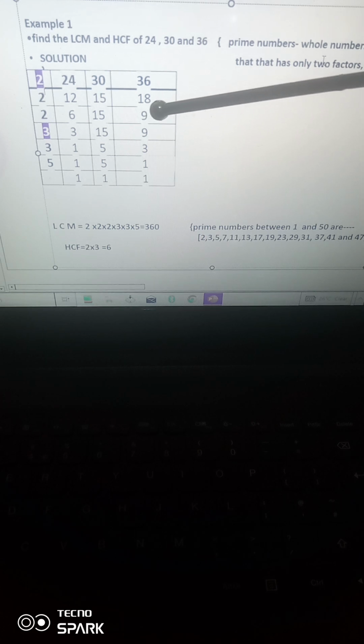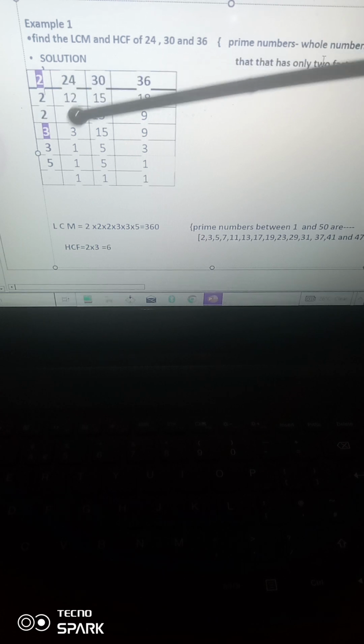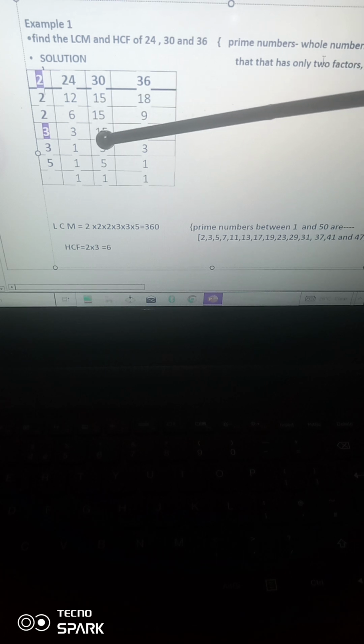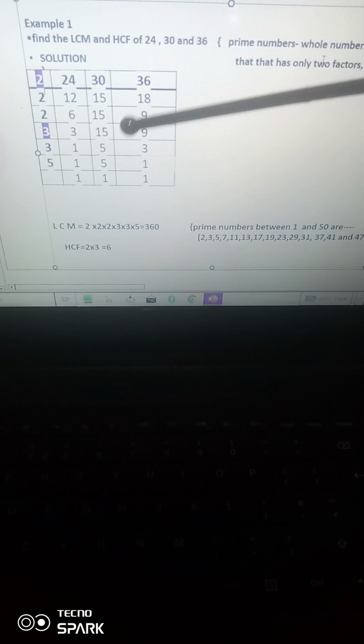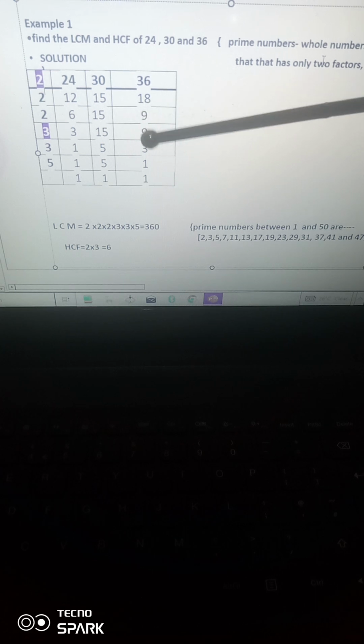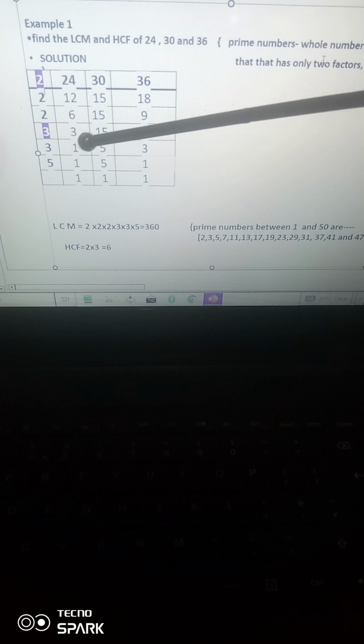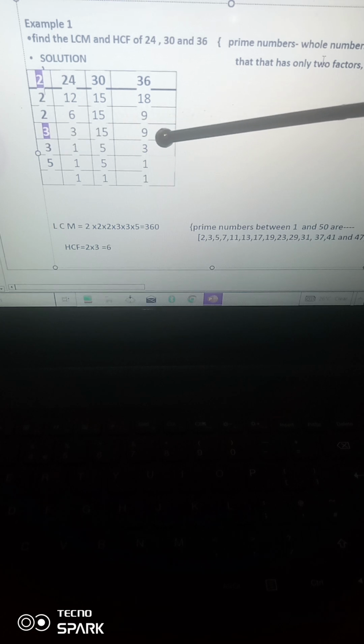We continue using 2. 6 divided by 2 is 3. 15 over 2 cannot. We bring down 15. Then 9 over 2 cannot. We bring down 9. We can now see that 2 can no longer divide anything here. So we start with the next prime number.